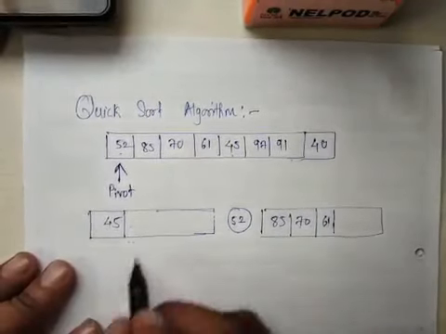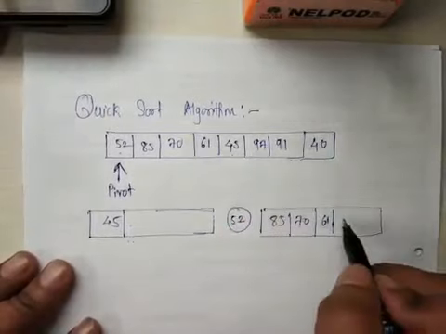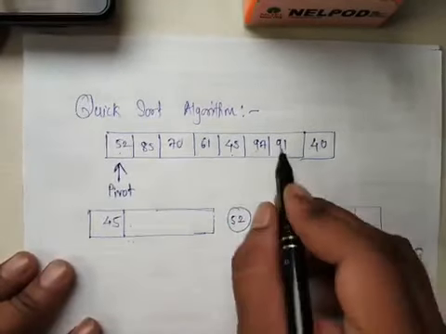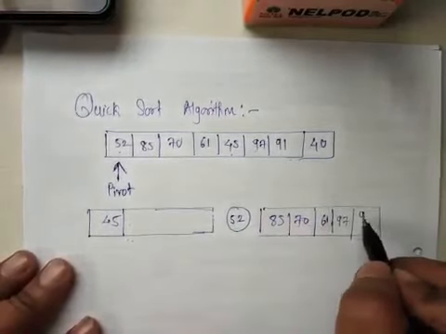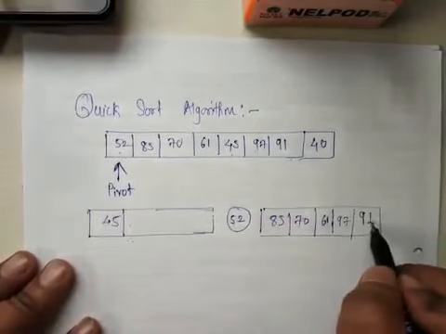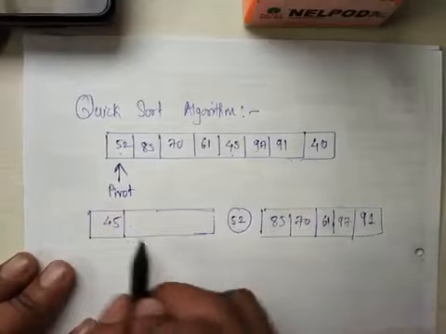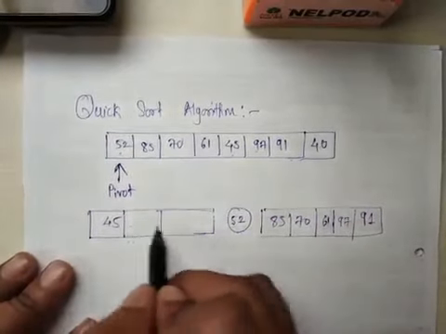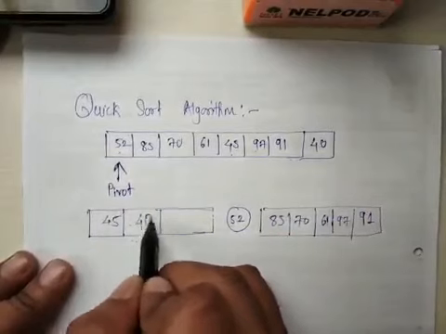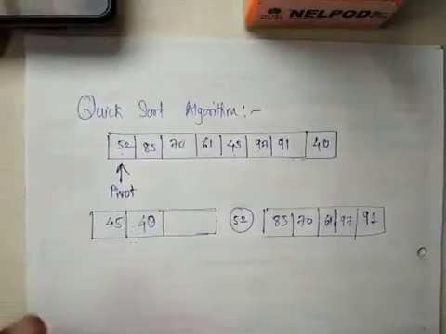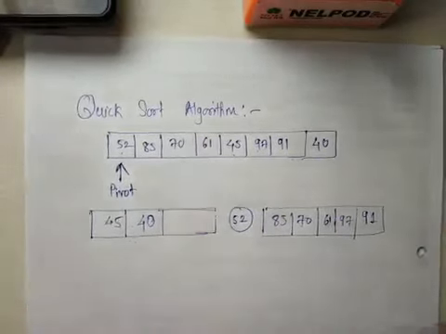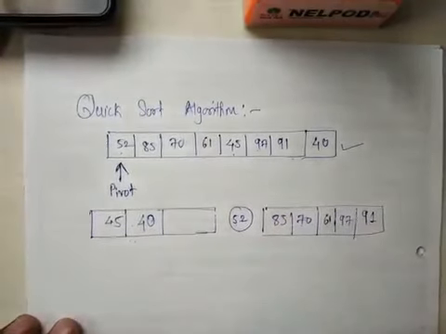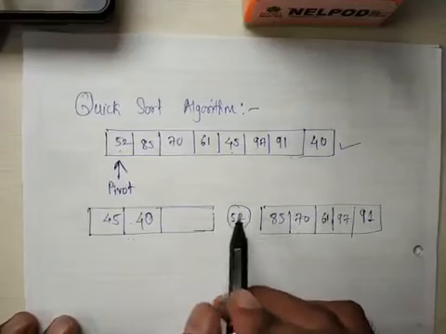Then 97 is greater than 52, it comes in the second sub array. 91 is greater than 52, that's why it comes in the second sub array. Now 40 is less than 52, it comes in the first sub array.